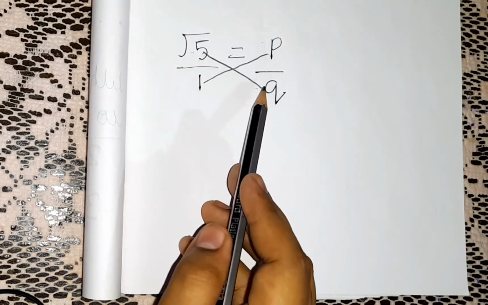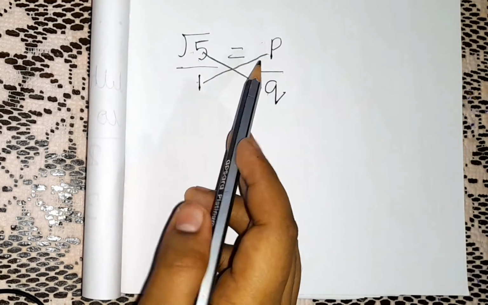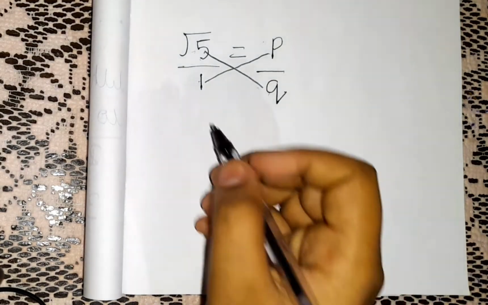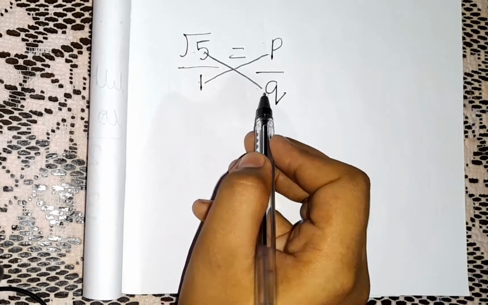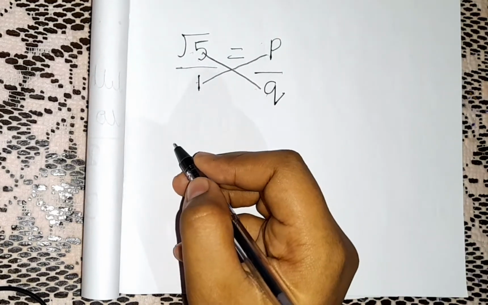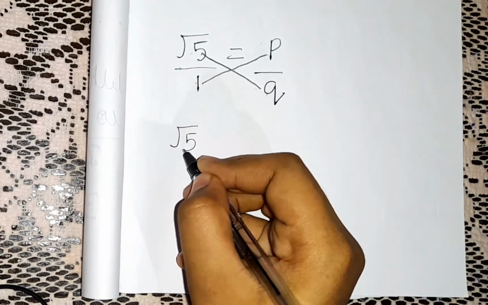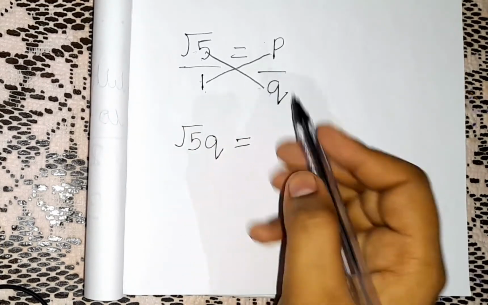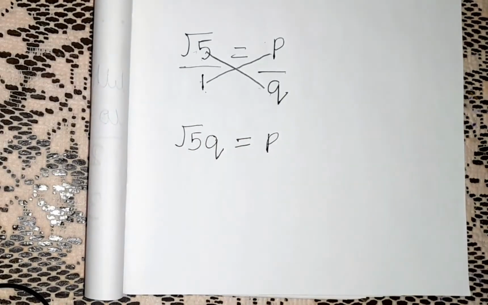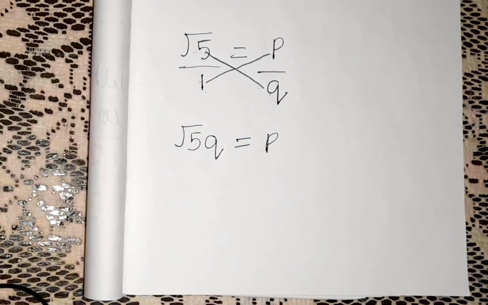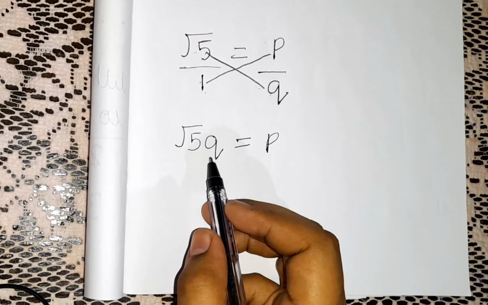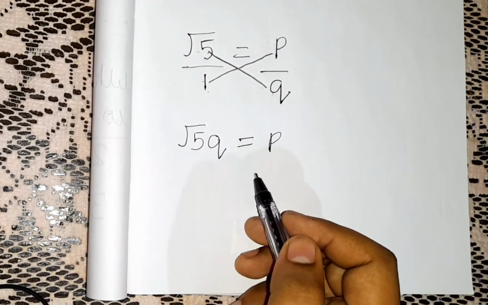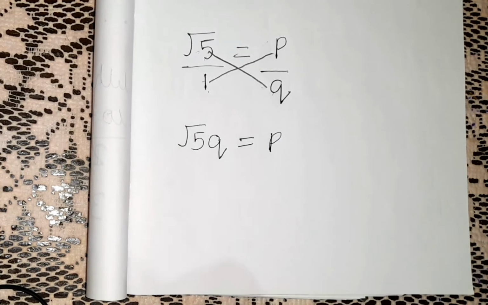So root 5Q is equal to, here, 1 into P, it is P. So now it is root 5 into Q is equal to P. Okay, so we got this form, and now we are going to square it.